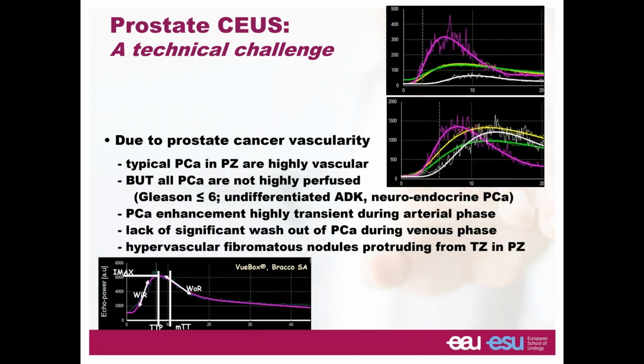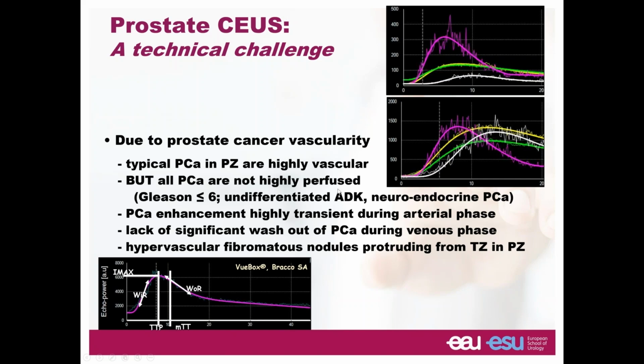The last issues are the typical pattern of enhancement of the prostate cancer will not last much long, only 7 to 10 seconds. And you can see a major difference comparing the prostate cancer here and the prostate nodule of prostatitis.